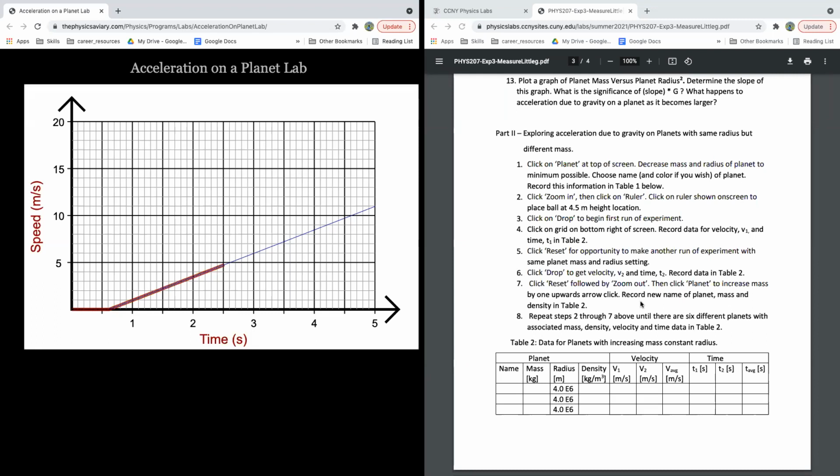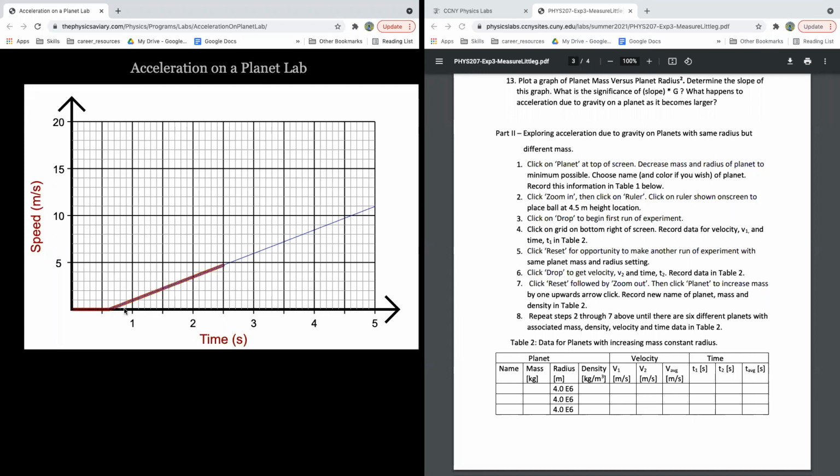Another run of the experiment, same planet. So basically V1 and T1 is one batch of the experiment. They default the first initial velocity to 0. So when you do this, you run twice. The first batch, you record V1 and T1, where V1 is 4.8. Remember, T1 is a little bit tricky. T1 is not 2.5.